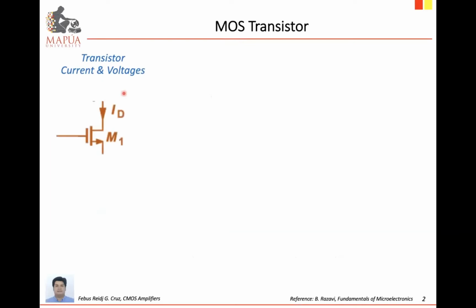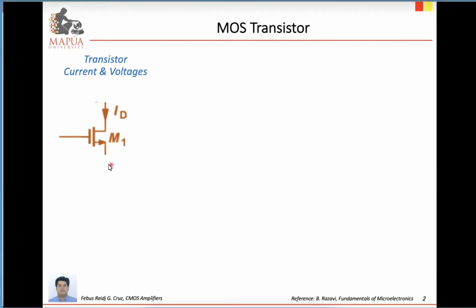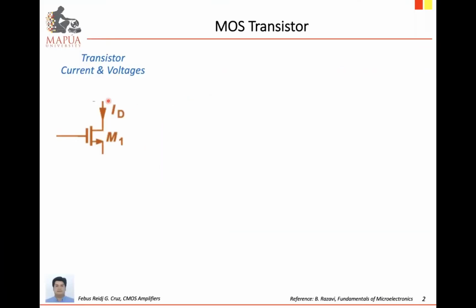For a MOS transistor, the output current is the drain current ID. And again, drain current would be the same as the source current, since the current will pass through the drain region and then through the internal channel and go out of the source region.